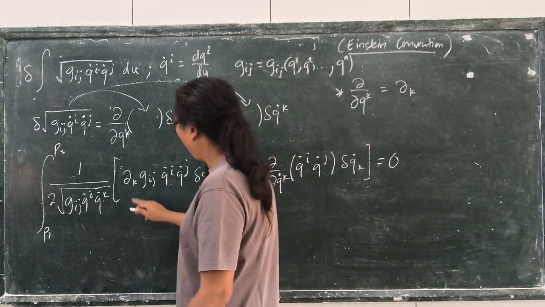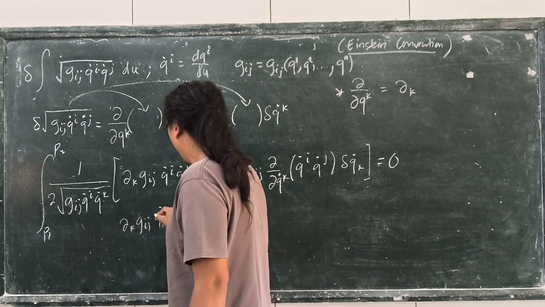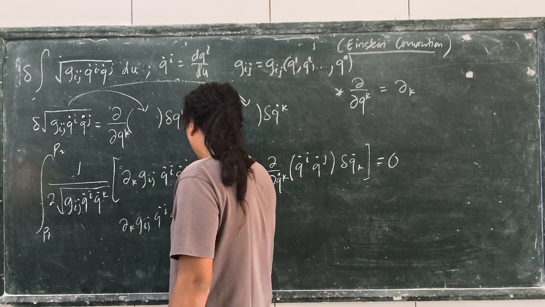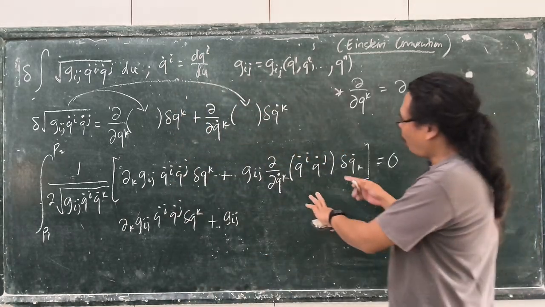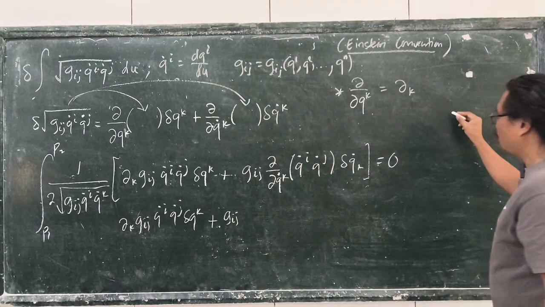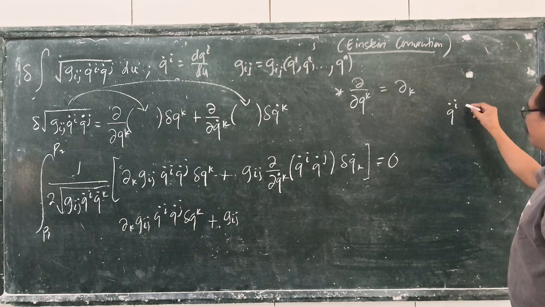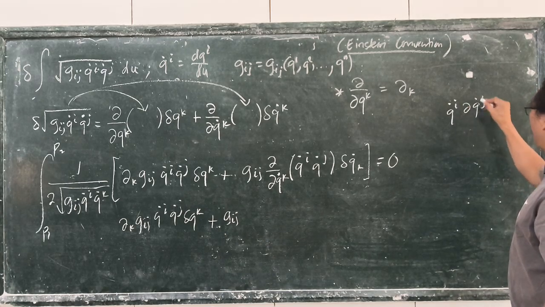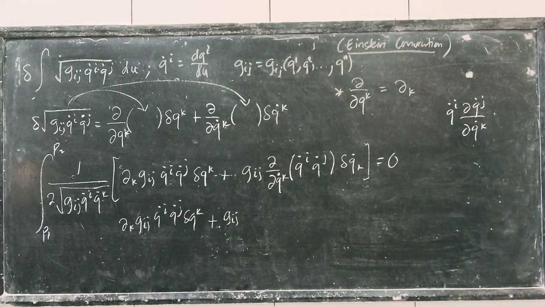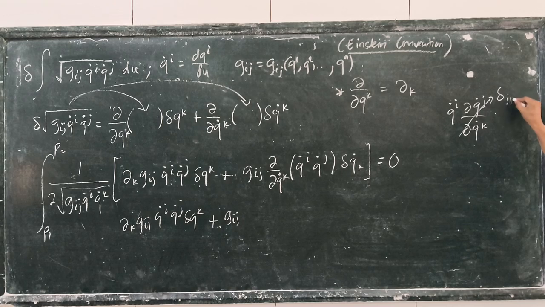So I would have this partial K, Gij, Q dot I, Q dot J, delta QK. Look: first the second, then the first. So you will have Q dot I times partial Q dot J over partial Q dot K, which is actually the Kronecker delta JK.